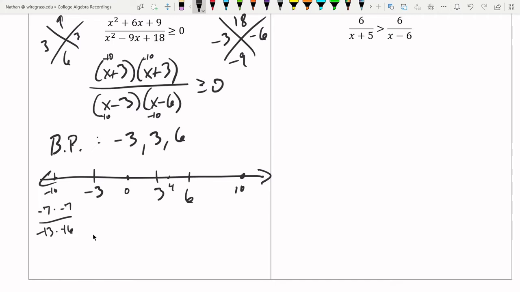There's 4 negative values there. They all cancel, 2 cancel, 2 cancel. We get a positive value, some positive value. And that's what we're looking for. When is this thing greater than 0? So this is a correct interval.